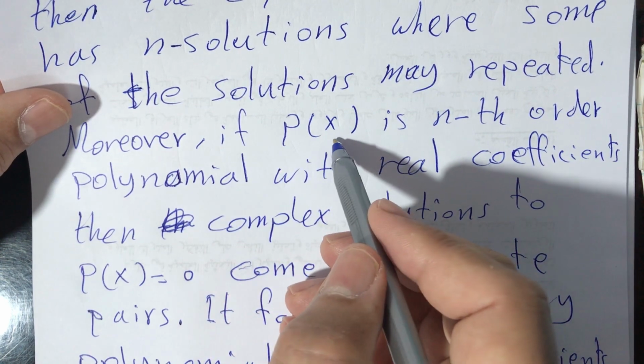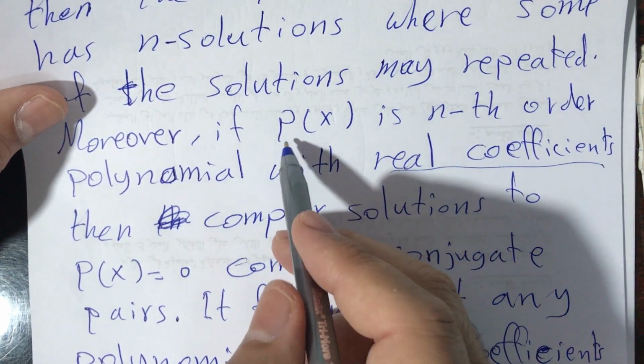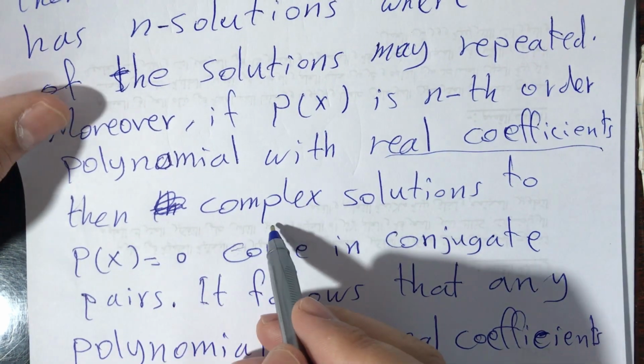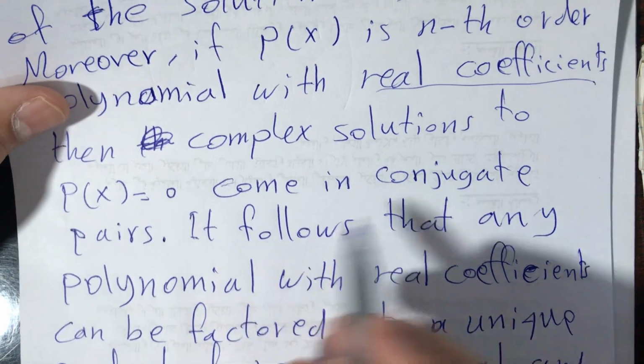Moreover, if P of X is an nth order polynomial with real coefficients, then complex solutions to P of X come in conjugate pairs.